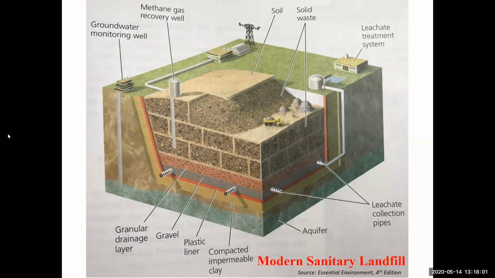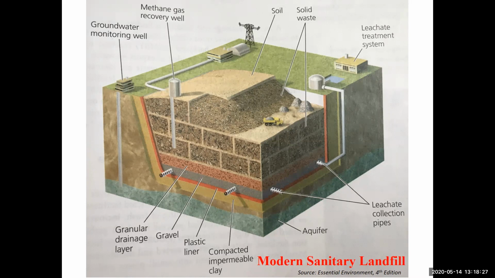So as you can see, this modern sanitary landfill has been designed to minimize soil, water, as well as air pollution. But we have essentially created compacted layers of trash that aren't really exposed to much air, water, or sunlight that helps this trash to naturally decompose.